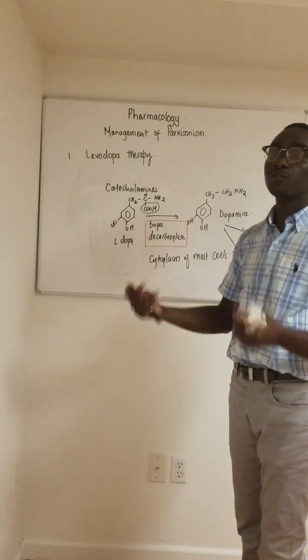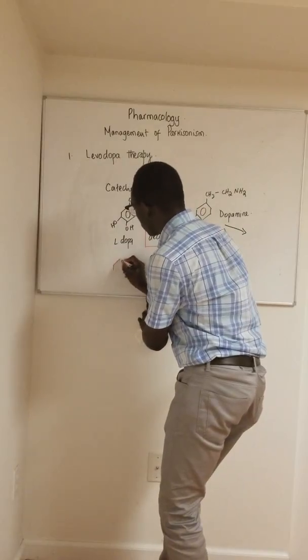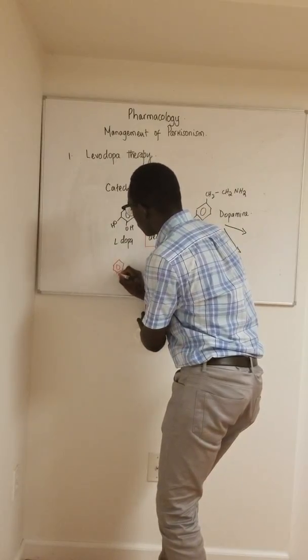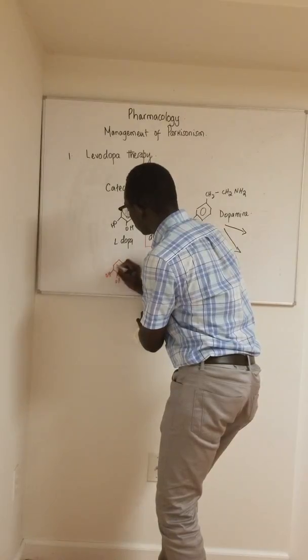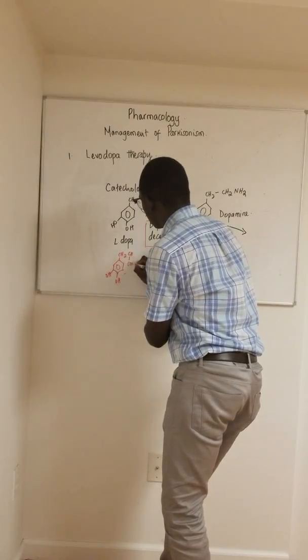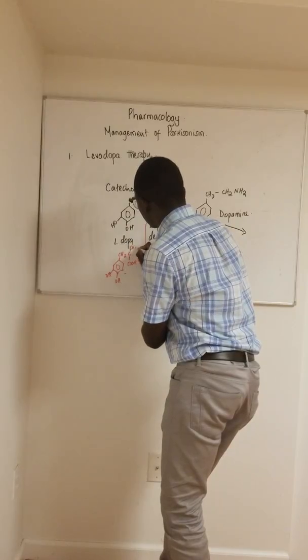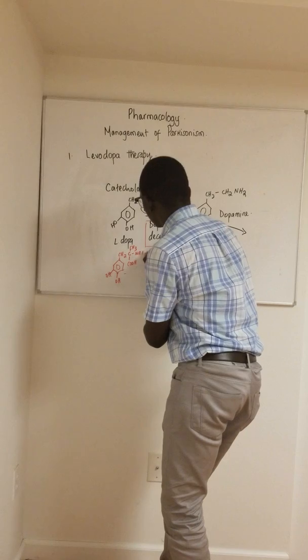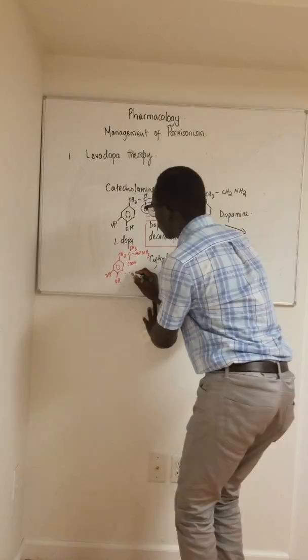So therefore, we introduce another drug called carbidopa. Carbidopa is structurally similar to levodopa. If I may draw the structure here, so that you can compare and see how these two structures look alike. So this is the structure of carbidopa.